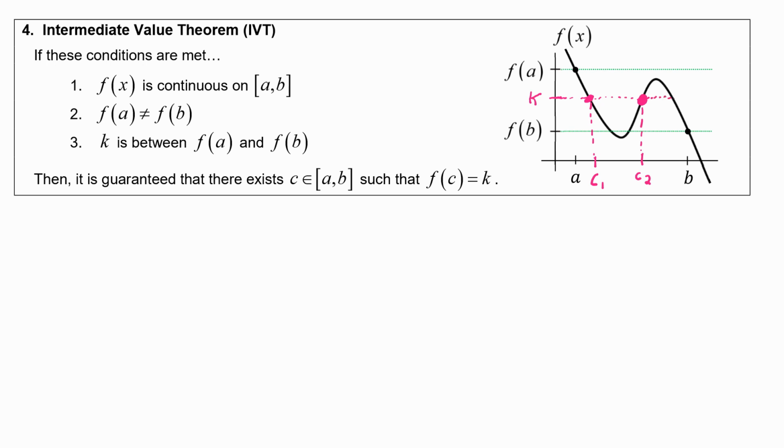And on this particular graph, there would be a third value of c. Right here, we'll call it c3. Now, the intermediate value theorem does not tell you how many values of c you will get. This statement right here just says that there will be at least one.